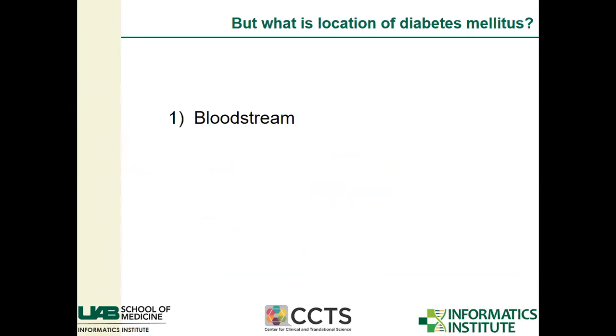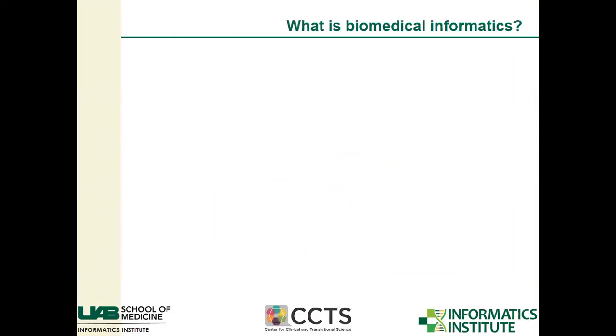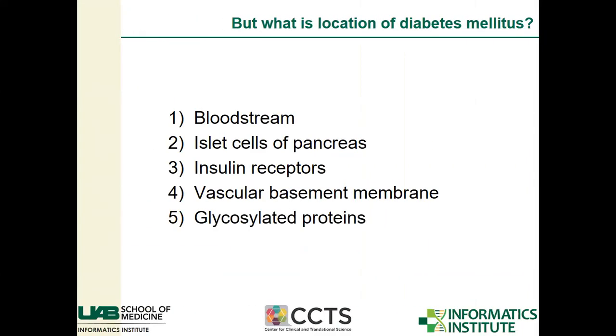I'm really not sure what the transition was in this, but what is the location of diabetes? Is it the bloodstream? Is it the isolate cell? So I can say here, since I'm not a clinician, I literally don't know. I know what 3 of those things are, maybe another one, but I don't even know what all those things are. So I certainly don't know if that's the location of diabetes mellitus.